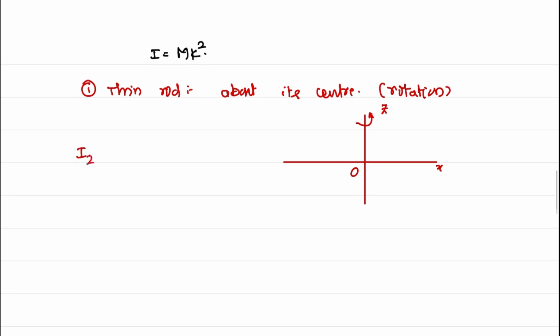Iz is equal to one by 12 m into... let us first draw the thin rod. This is the thin rod.